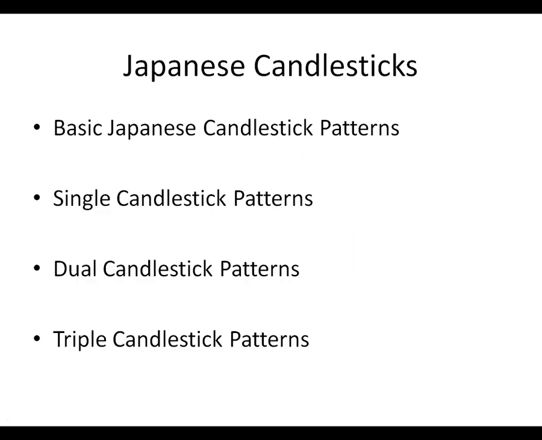In today's video, we're going to continue from the Japanese candlesticks. And thank God we are already done with the basic Japanese candlestick patterns. When it comes to some candlesticks, I'm sure you can identify them by their names: the spinning tops, the marubozu, and then the dojis.